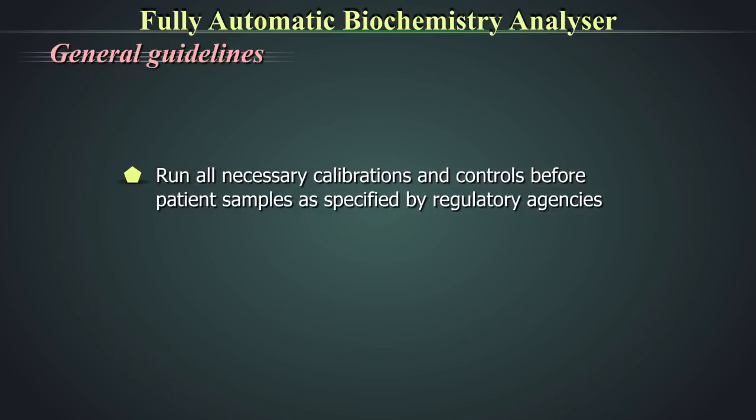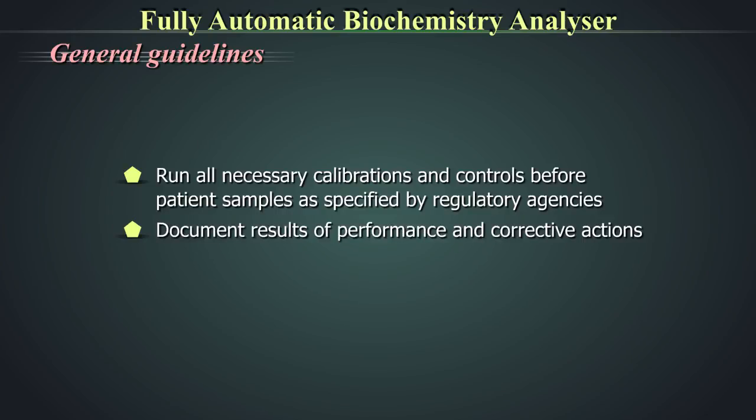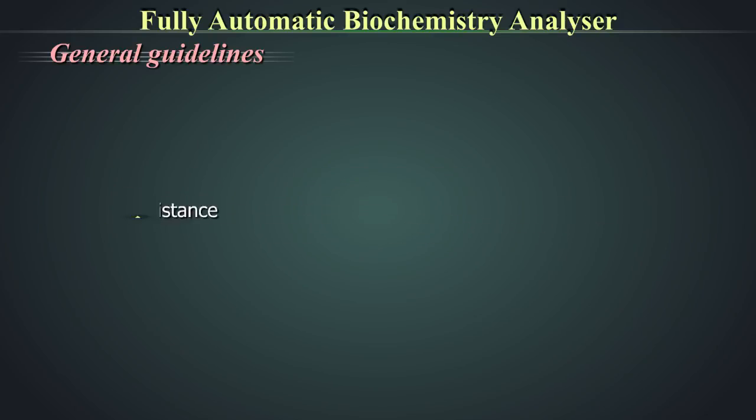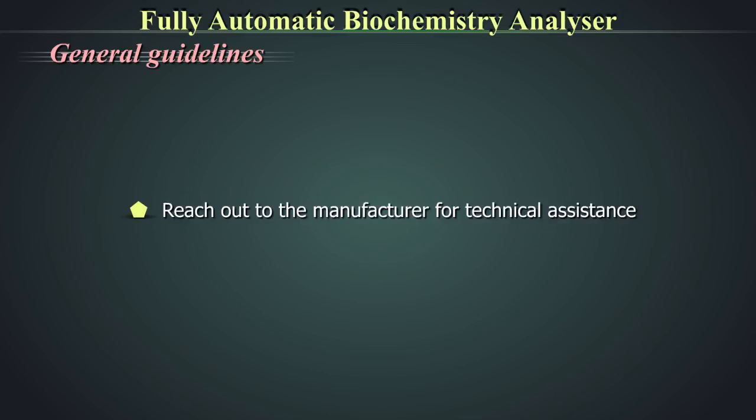Run all necessary calibrations and controls before patient samples as specified by the regulatory agencies. Document the results of performance and corrective actions taken. Reach out to the manufacturer for technical assistance as required. Please refer to the training module on equipment management.